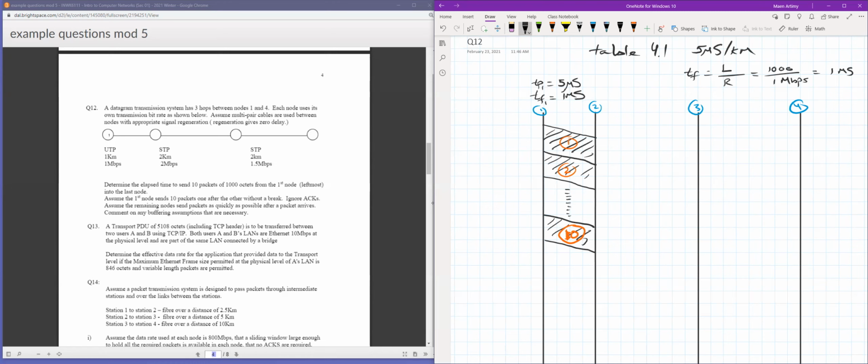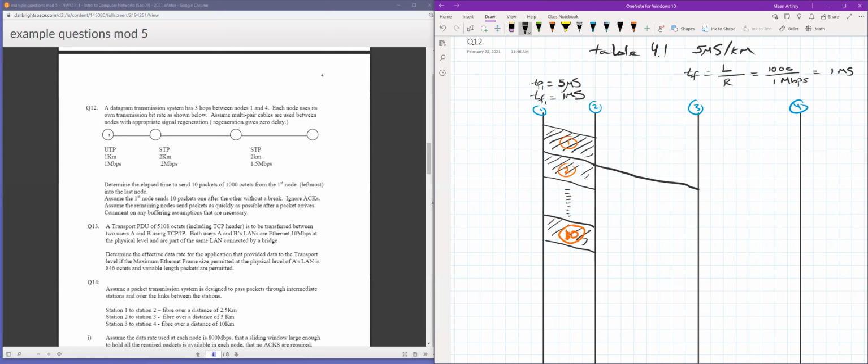Propagation time, because it has 2 kilometers here, will be twice as much as TP1. So TP2 will be two squares instead of 1. So the frame will start here, and it will reach the third node here.